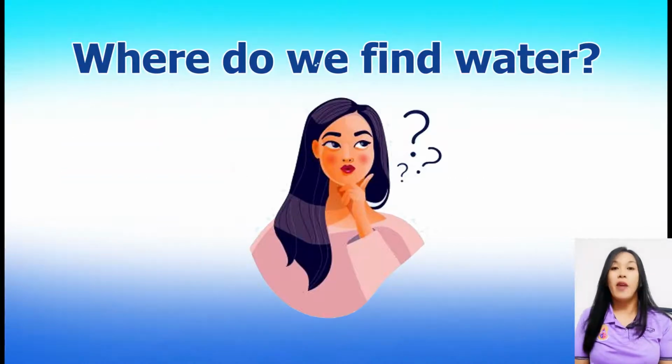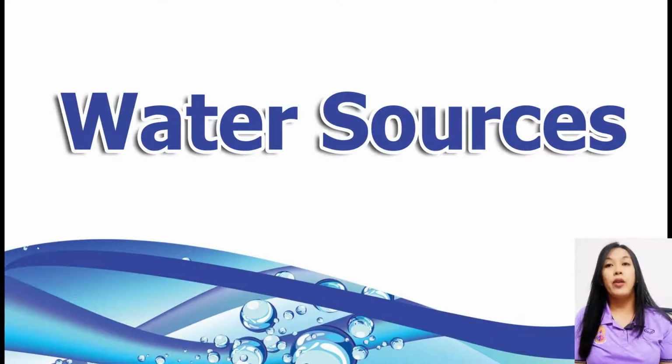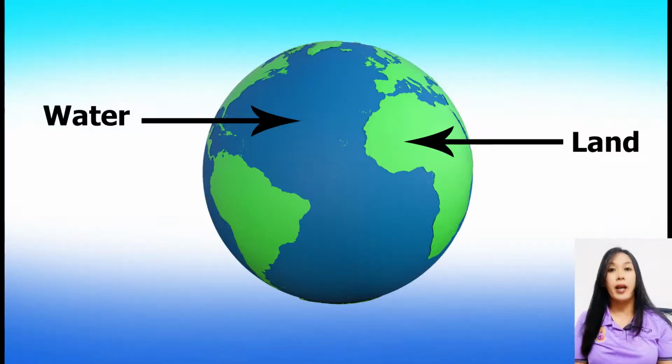So where can we find water? Now, we are going to learn about all the water sources that we have. Let's take a look at a globe. The color blue represents the water, mostly oceans, but also lakes, rivers, and other fresh water.